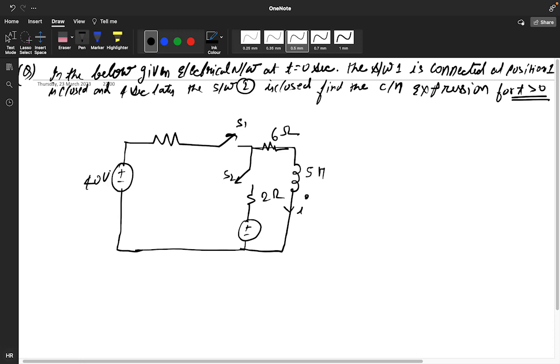This is 40 volt and this particular one is 4 ohm.